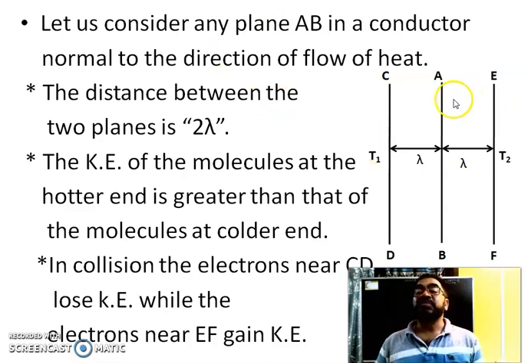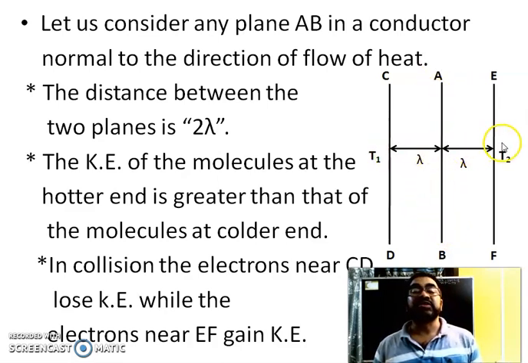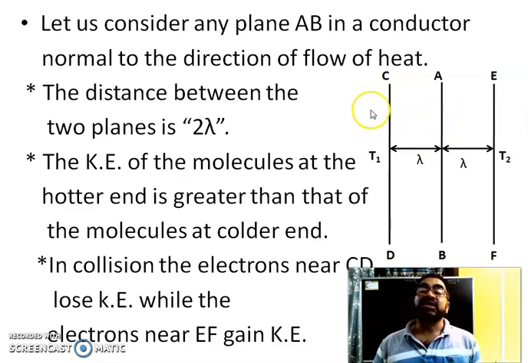Let us consider plane AB. AB is a plane, and the plane is normal to the direction of flow of heat. The distance between two planes is twice lambda. There are two other planes, CD and EF.